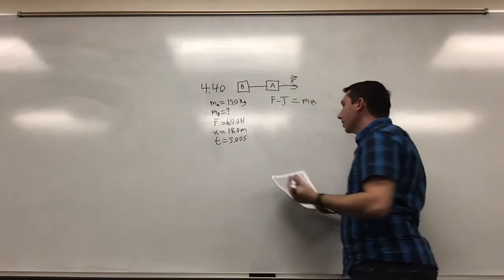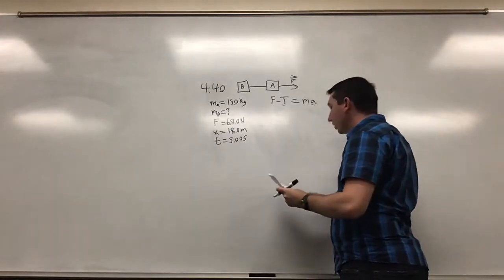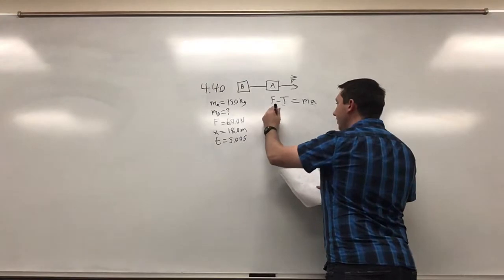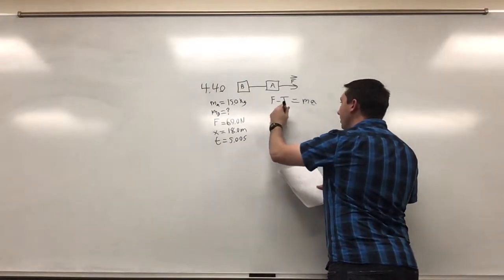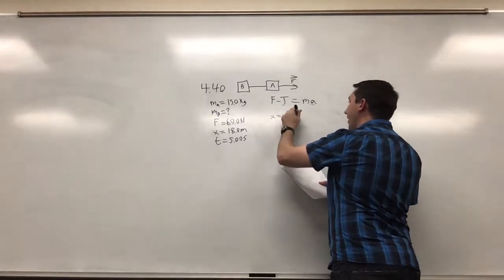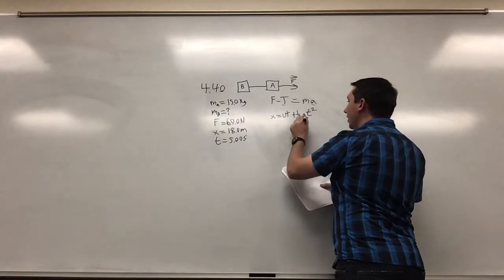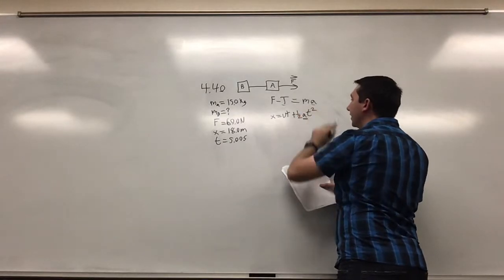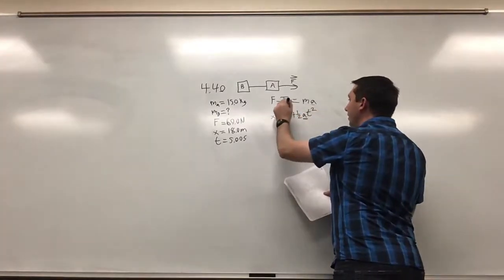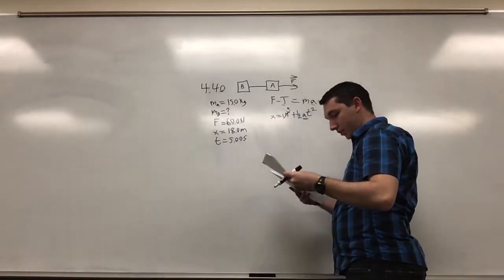So we know that using the equation, the x, the distance, is going to be equal to the initial velocity plus 1/2 the acceleration times time squared. We can then use that to find this, because the initial velocity is 0, because this starts from rest.